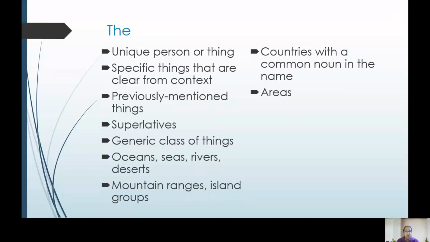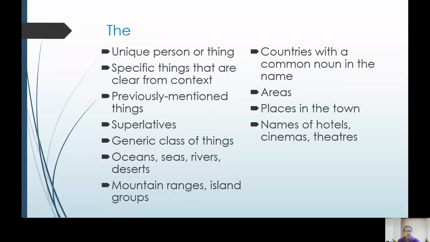Areas such as the north, the south, the east. Places in the town like the bank, the police station, the train station, even if there are more than one. Names of hotels, cinemas and theatres, for example, the Theatre Royal, the Hilton, the Showcase Cinema.